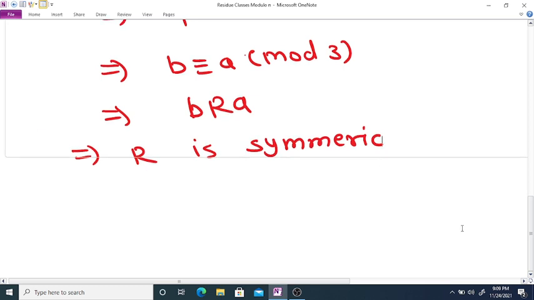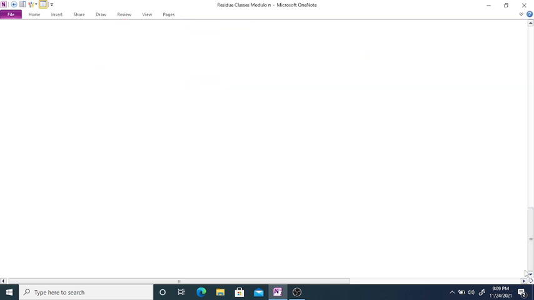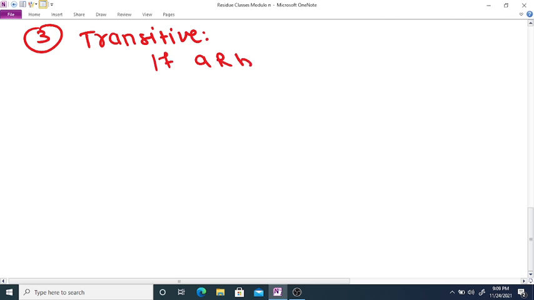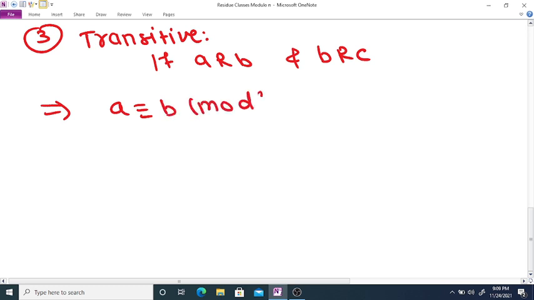Now next, third, we are going to check whether R is a transitive relation. So number 3, transitive relation. Suppose a is related to b and b is related to c. This implies a related to b means a is congruent to b modulo 3, the relation is given, and b related to c means b is congruent to c modulo 3.